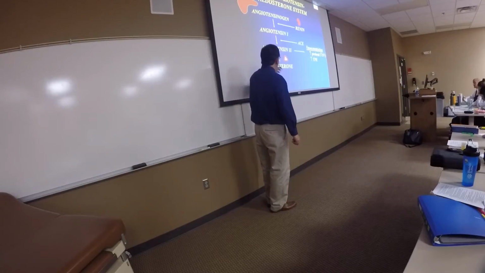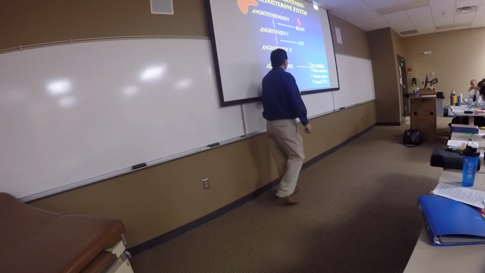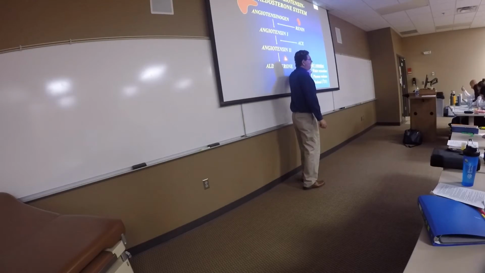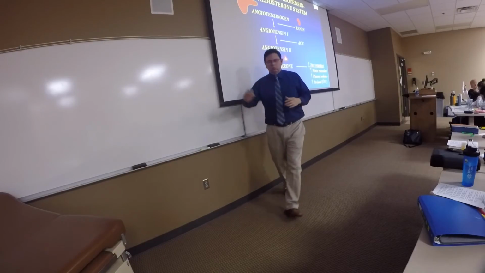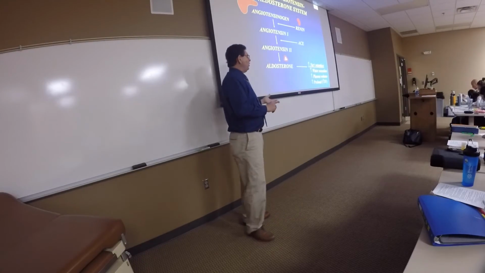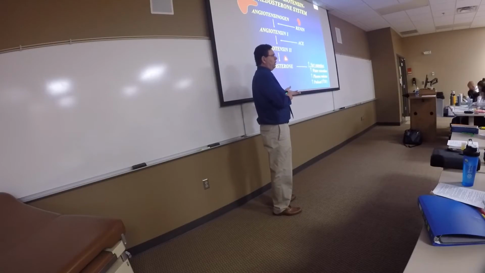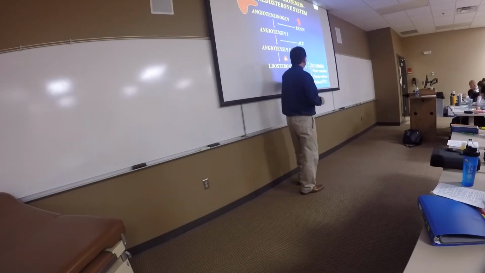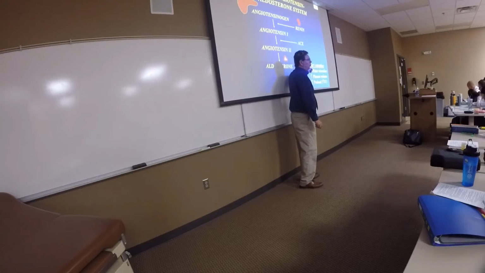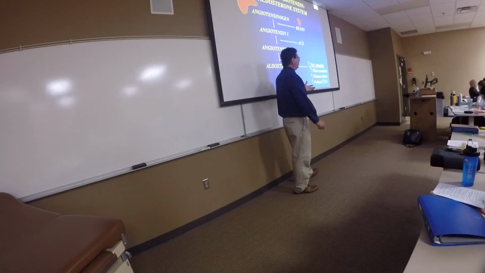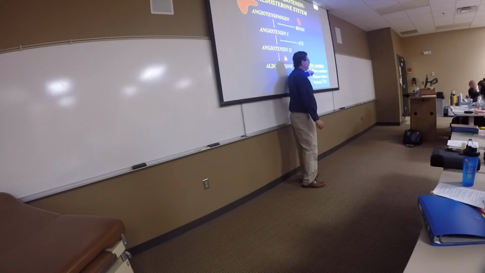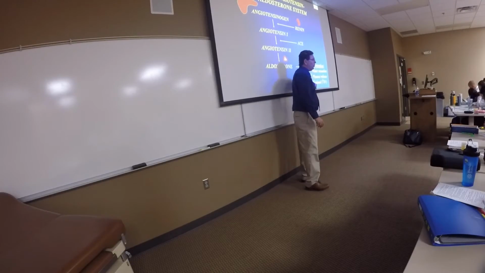Aldosterone is a steroid hormone that in your kidneys, rather than letting sodium go out in the urine, reclaims that sodium and puts it back into the bloodstream. It causes sodium retention, and water follows it. So rather than losing a large urinary volume, you retain a lot of the water, and that will over time increase plasma volume and preload.